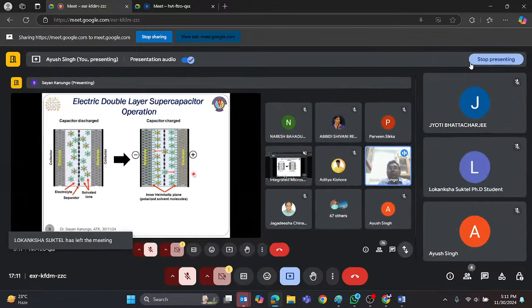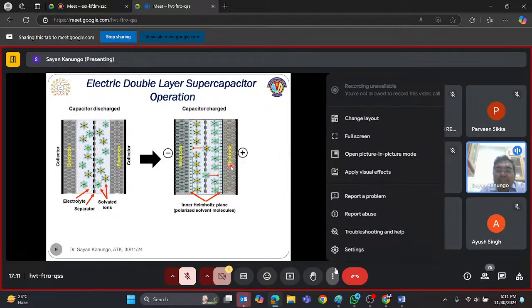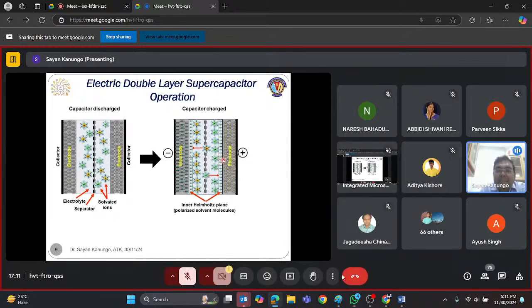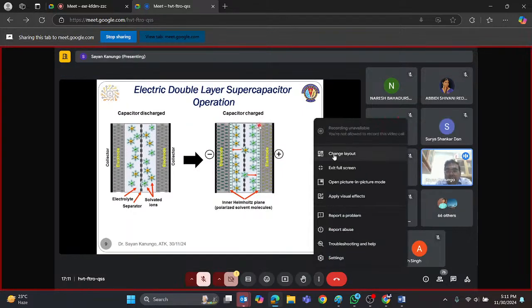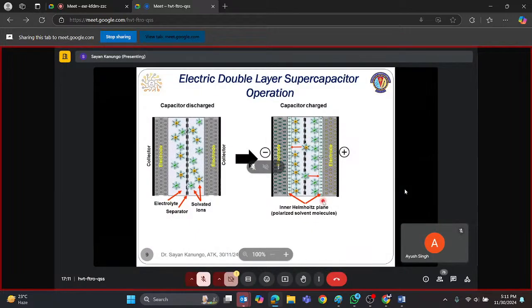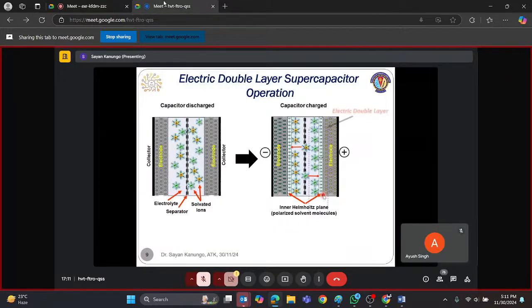However, in this ideal supercapacitor, if we look closely, we will observe that counter charge ions are physically separated from the electrode surface by a molecular layer of solvent molecules which are polarized in nature and which are physisorbed on top of the electrode surface. So this basically forms the electric double layer, from where the name electric double layer supercapacitor was derived for this type of supercapacitor.